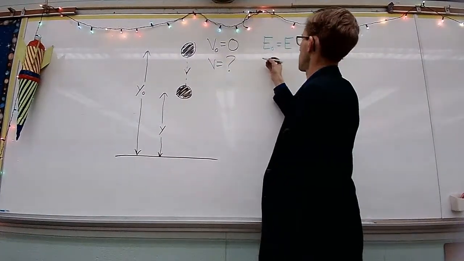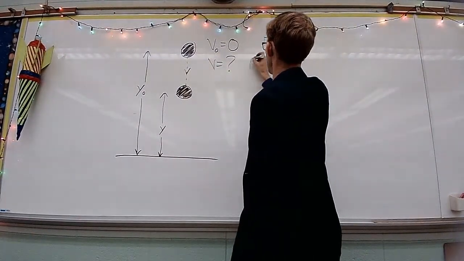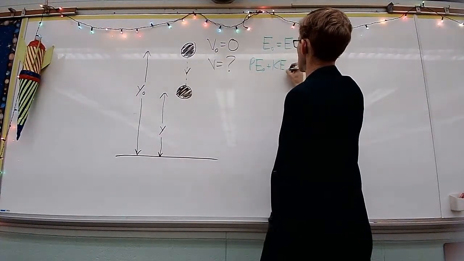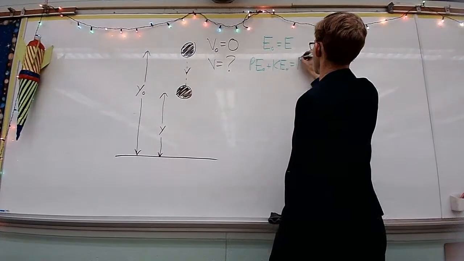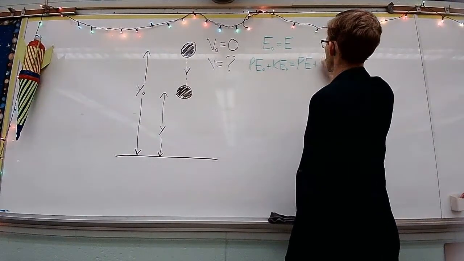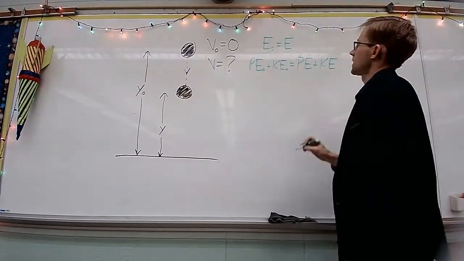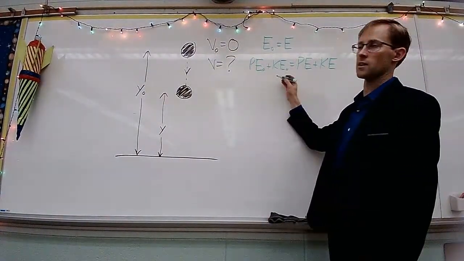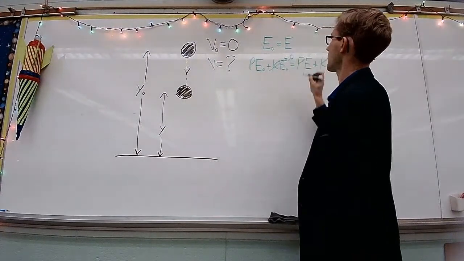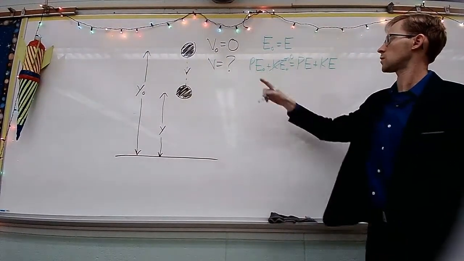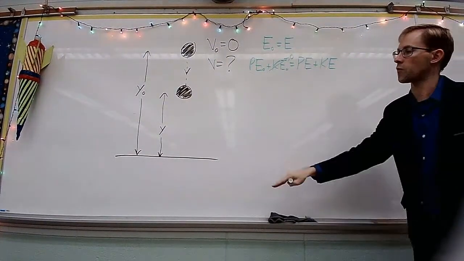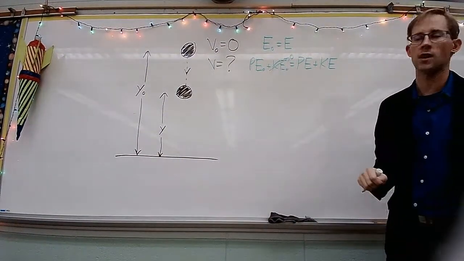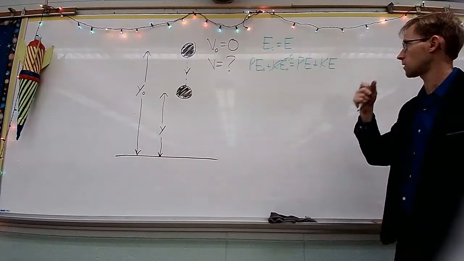So originally, let's see. We release the ball from rest. So that means there is no original kinetic energy. Of course, there is potential. At the end, it is both falling and off the ground. So we've got both kinetic and potential while it's falling.